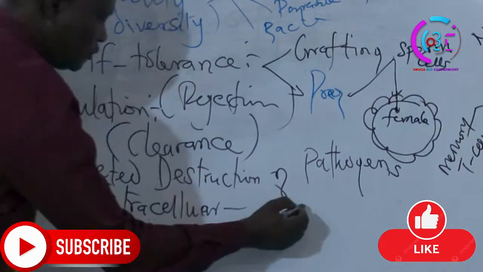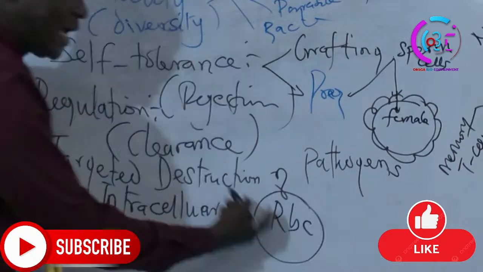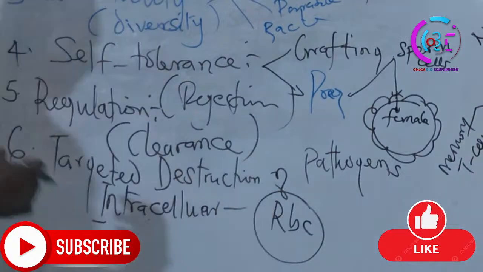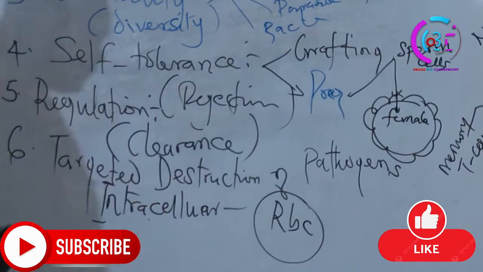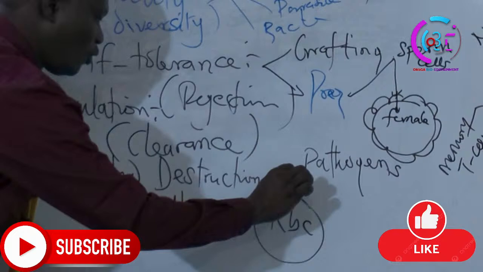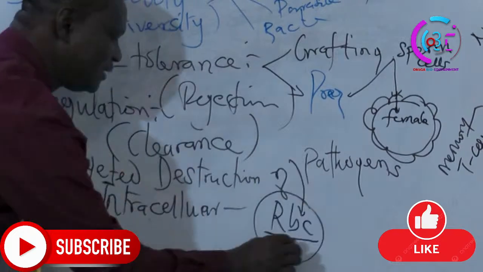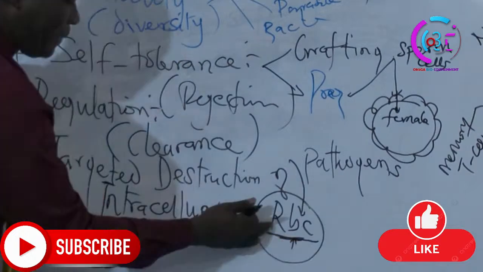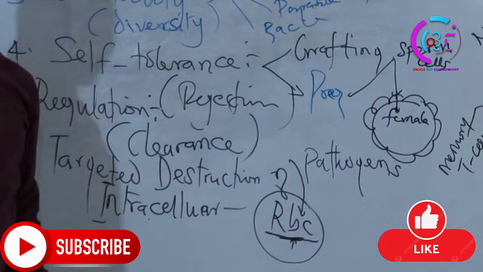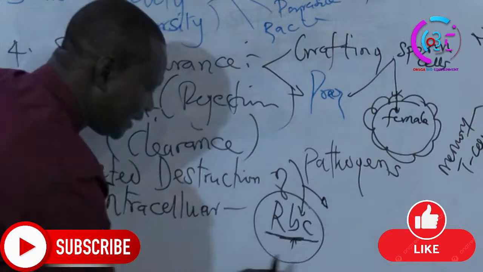For example, malaria parasites reside or live inside the red blood cells. If there is going to be elimination or clearance of malaria, that means the host immune system should be able to come and deal with the malaria parasite right inside the red blood cell, not acting outside the red blood cell.